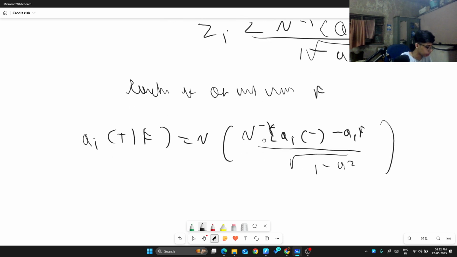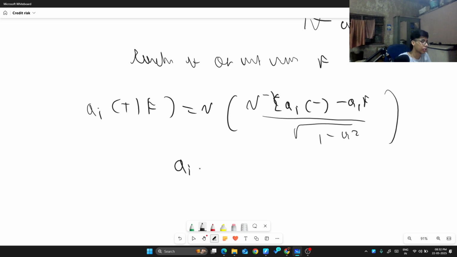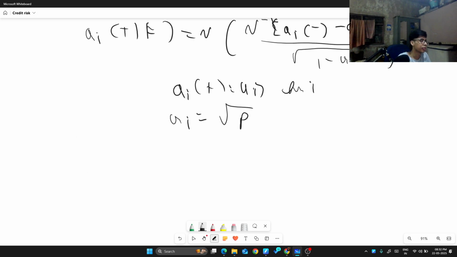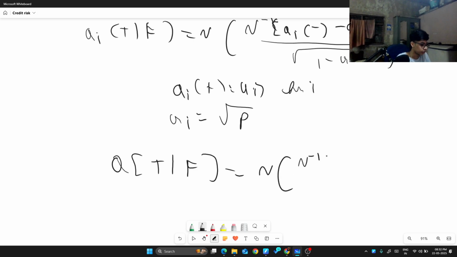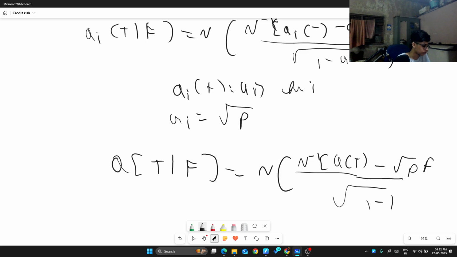And if we consider qit equal to qt for all i, and ai equal to the correlation, so our final value would be the probability at time t under factor f, which gives us the inverse of the CDF, minus correlation, over root 1 minus p.